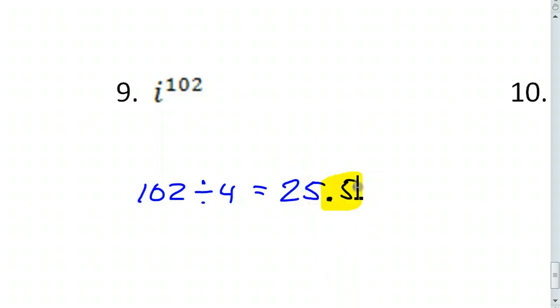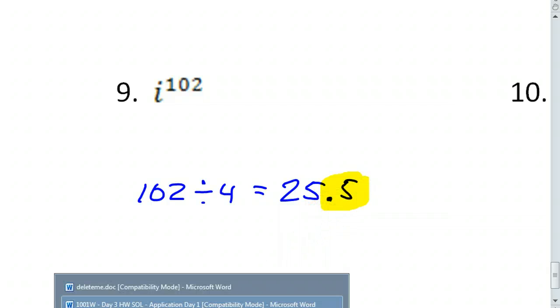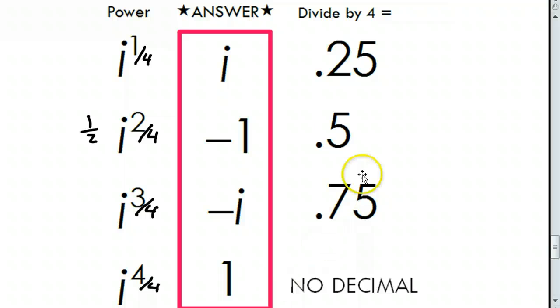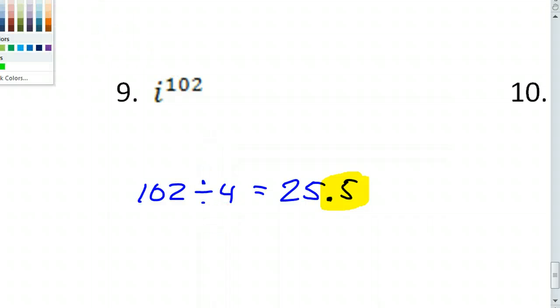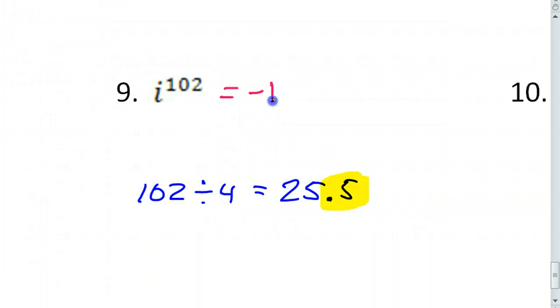Again, just focus on the decimal part, 0.5. Looking at the chart, 0.5 means that the answer is -1. Not -i, just -1.